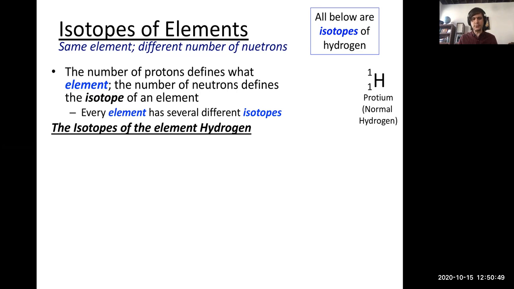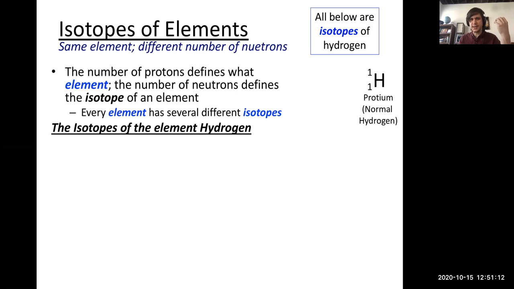Because while there are set rules, like if you have one proton, you are hydrogen, and if an atom has 6 protons, that atom is carbon, there aren't as strict rules on the number of neutrons that you can have. You can have a variable number of neutrons in the nucleus, and each one of those different sets is a different isotope.